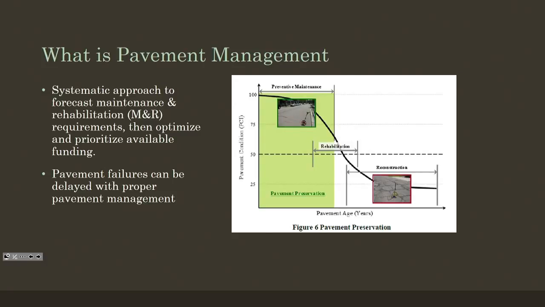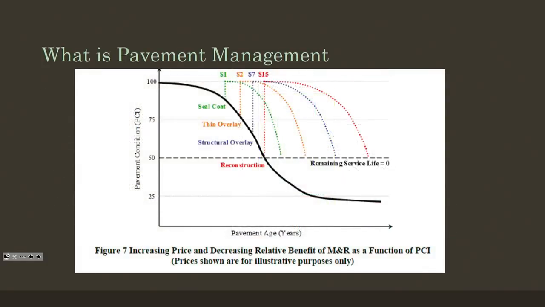With proper pavement management, we can delay the time that it takes to have to replace these pavements. I showed you this graph before. This just goes to the value of doing some of that maintenance work up front rather than delaying those costs. Delayed pavement maintenance, just like in your car, if you don't change the oil, you're going to have engine problems. If you take good care of your vehicle, your cost of ownership is less.